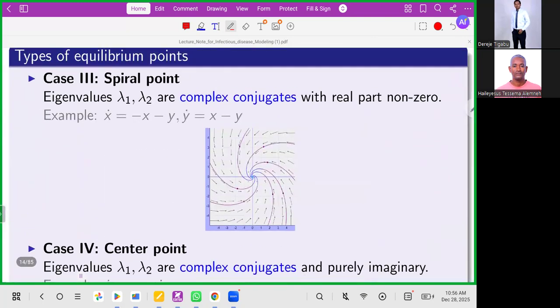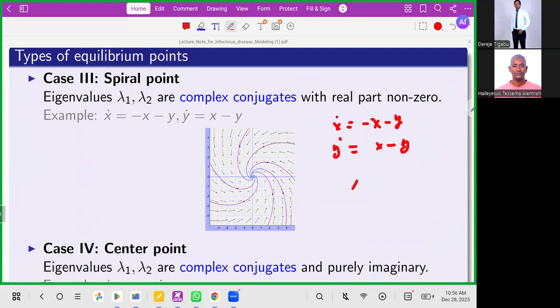The other one is this one: x dot equal to x minus y, and y dot equal to x plus x minus y.